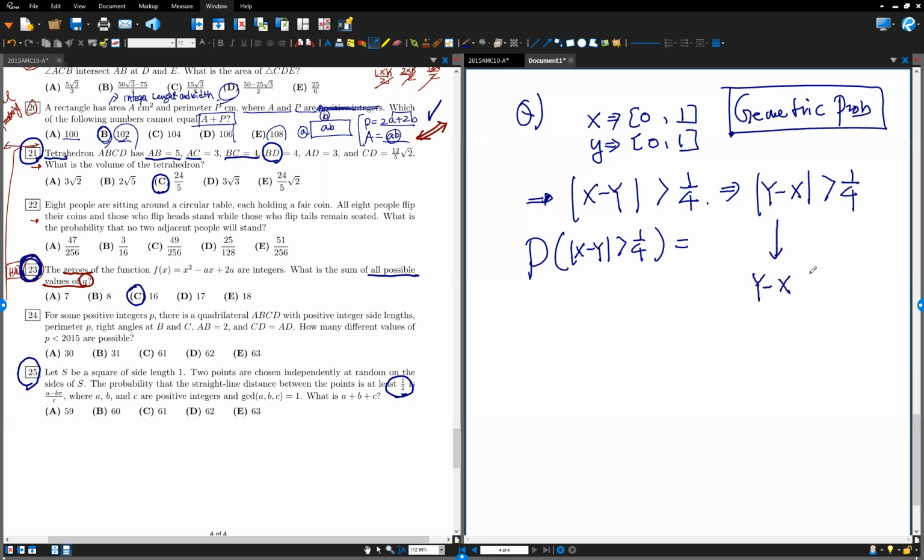Y minus x is less than negative 1 plus, or y minus x greater than 1 plus. Satisfy both, okay? Or, okay. Greater than is what? Or, less than is what? And.